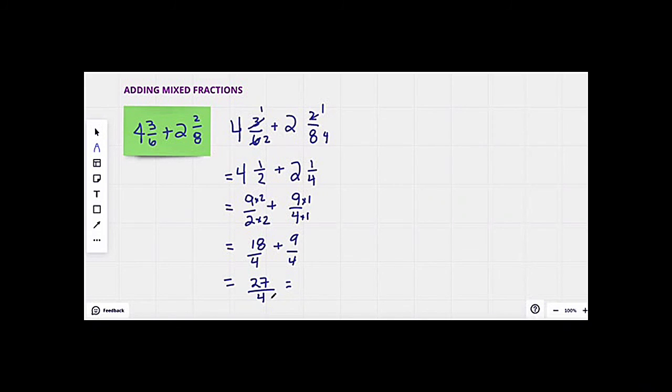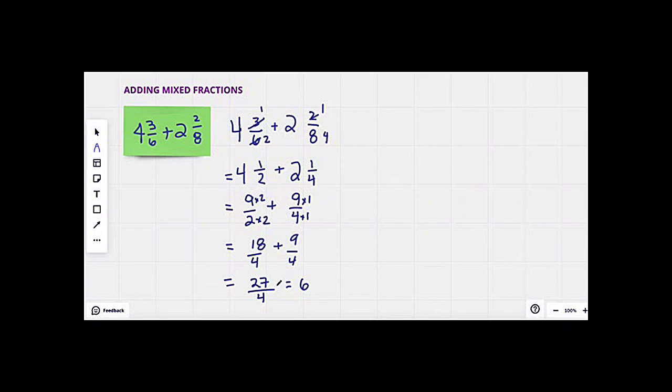So what number in the 4 times table gets us closest to the 24? That would be a 6, because 4 times 6 is 24. Sorry, we need to get close to the 27, not 24. So 4 times 6 is 24. So that's as close to the 27 as we can get, because if we multiply 4 times 7, we get 28.